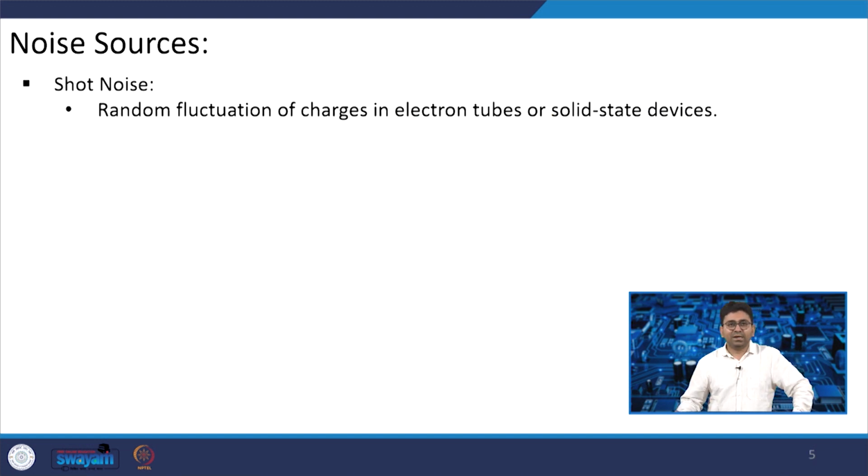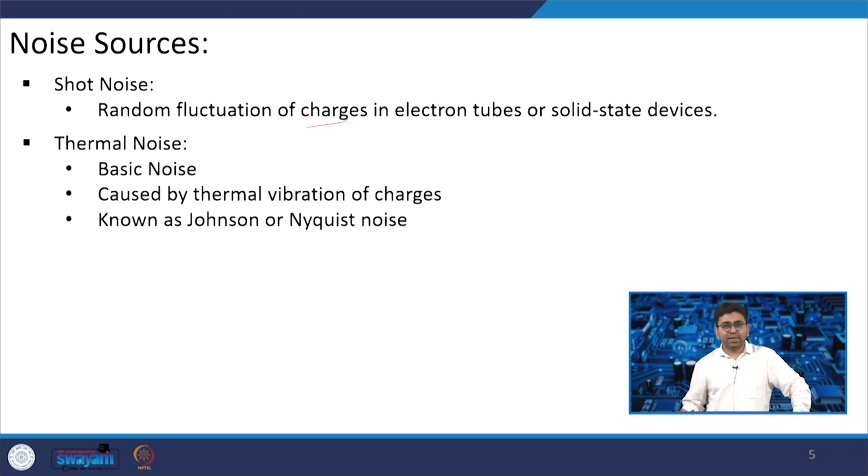One of the noise sources that is available in the electron tube or any solid state devices is shot noise, and this is because of random fluctuation of charges in any solid state device or electron tubes. Another noise that is widely studied, and has more impact on any electronic system, is the thermal noise.